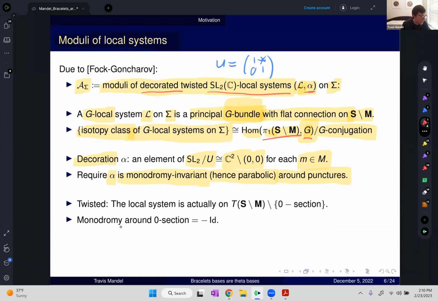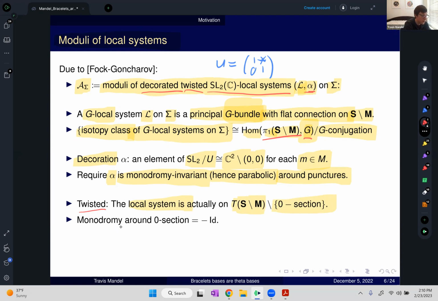And then the twisting. What this is basically, we actually choose a local system not on S mod M, but on the tangent space to S minus M minus the 0 section. So we take the punctured tangent space to the surface. This allows for a little bit more.